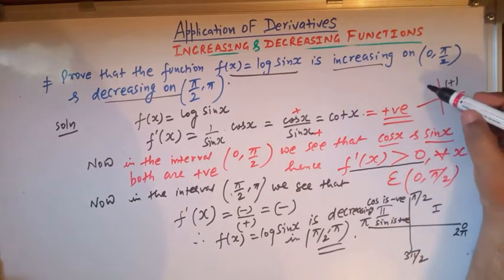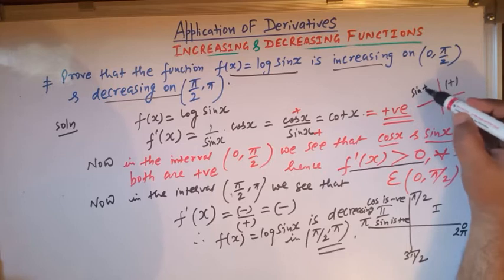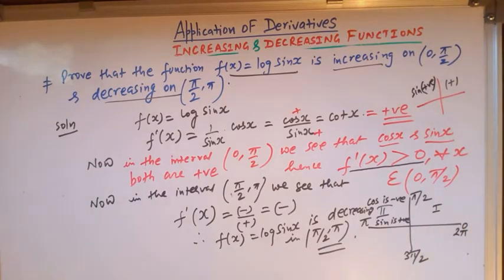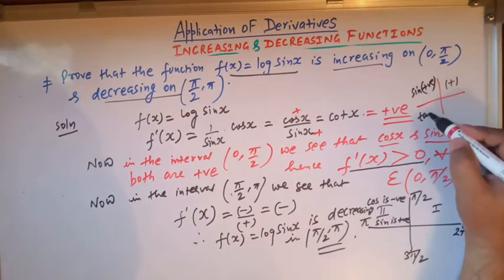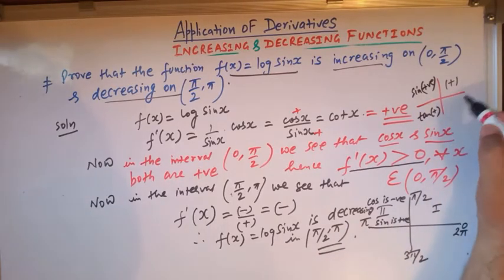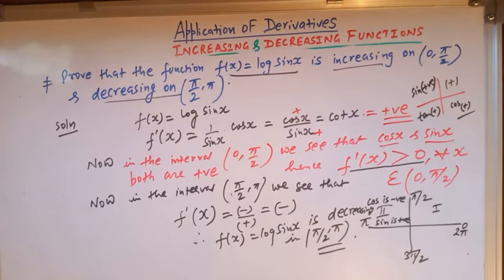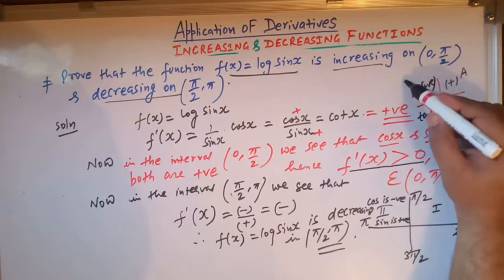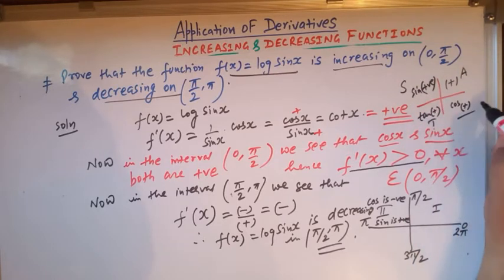I'm sorry, here only sin is positive and the other 5 trigonometric functions are negative, and here only tan is positive. Clear? And here we have only cos is positive. Clear? So we remember it as A S T C.